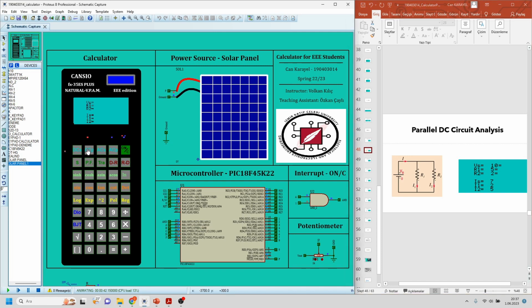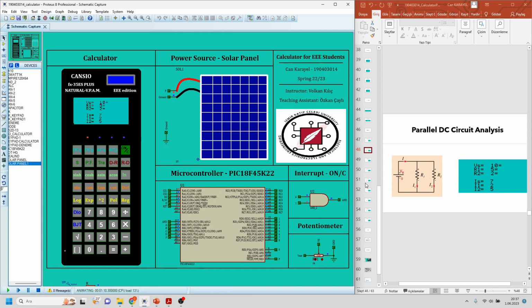For parallel DC circuit analysis, our circuit can be seen on the PowerPoint slide. The user can obtain the source current, the current that flows through the R1 resistor, and the current that flows through the R2 resistor according to the R1, R2, and voltage source values. 10 volt as voltage source, 5 ohm as R1, and 2 ohm as R2.